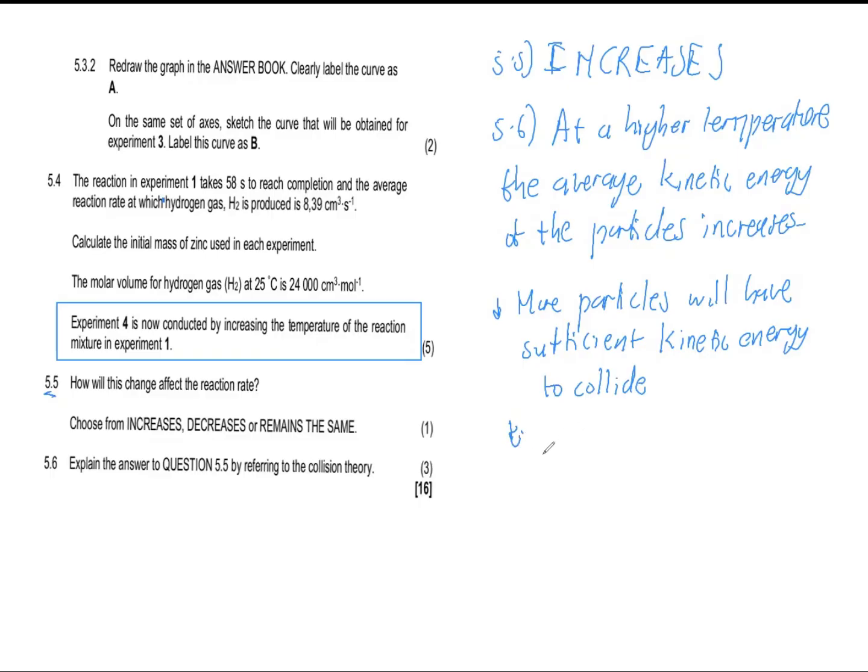And then which leads to more effective collisions per unit time.